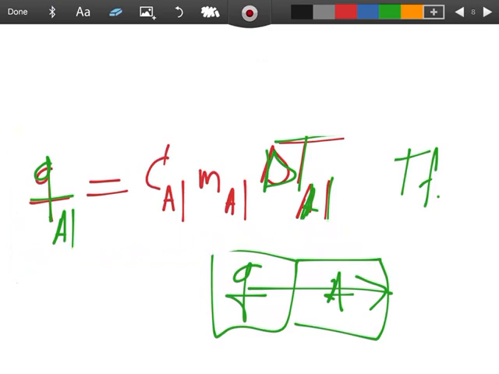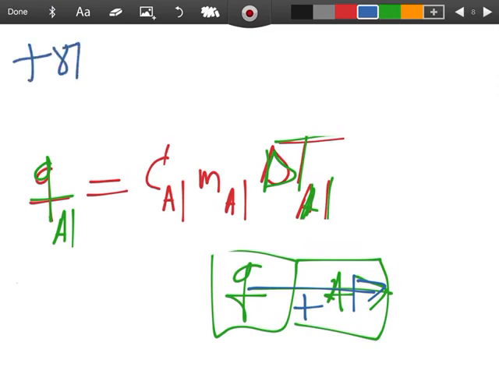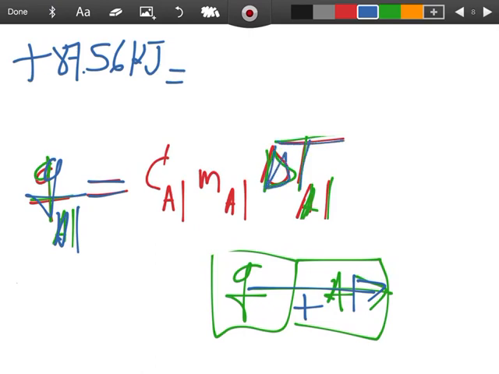Very well. Since it was given, that means that the aluminum is receiving energy. How much energy is the aluminum receiving? 87.56 kilojoules. This heat, okay? Now let's jump to the equation. First of all, let's deal with the change of temperature.